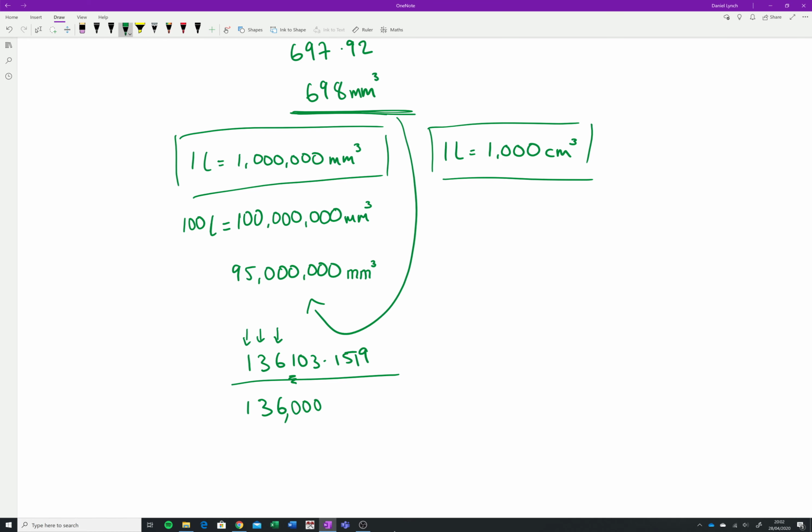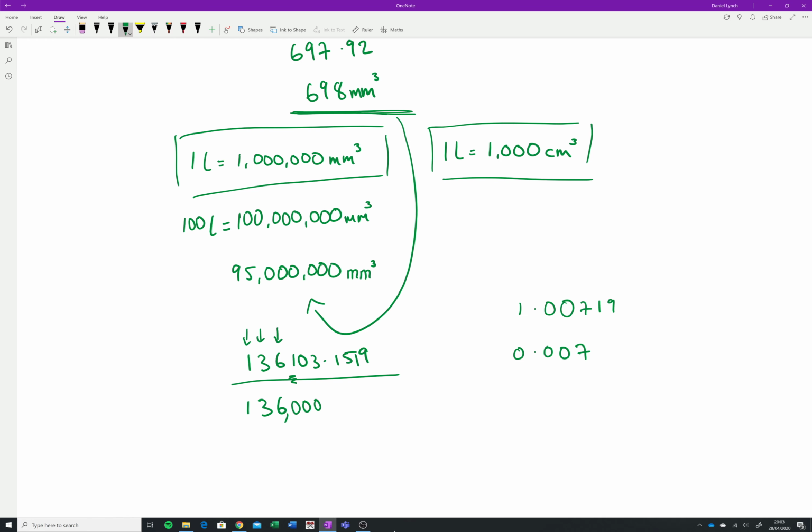A significant figure, you're looking for the first non-zero number. Okay, if it's 0.00, I don't know, 719. If you were to do that to 1 significant figure, it would just be that. It's the first non-zero number.